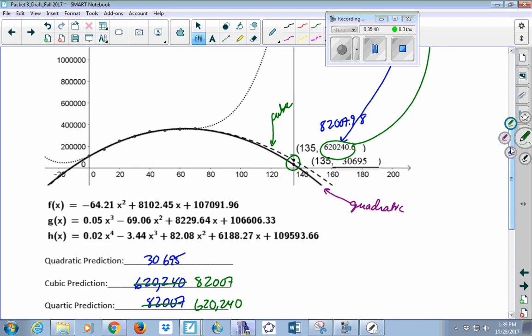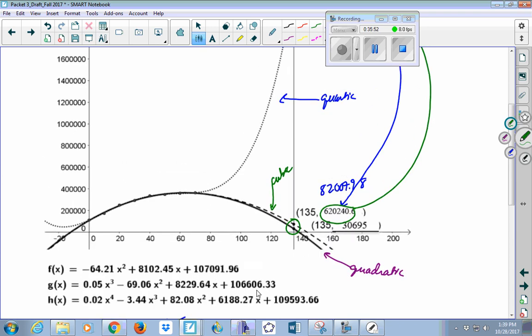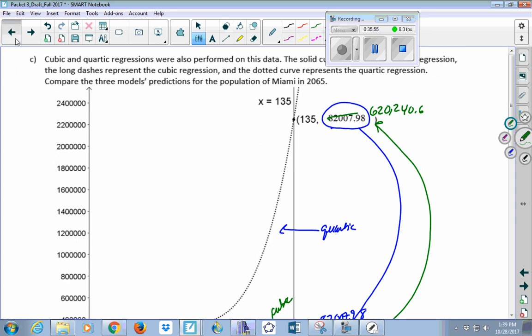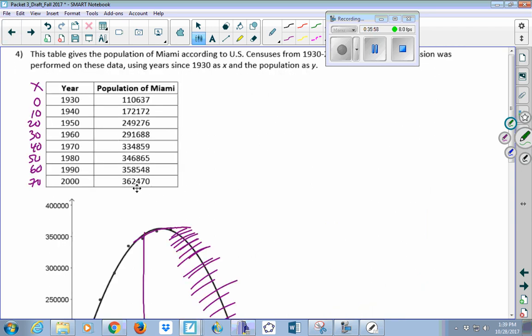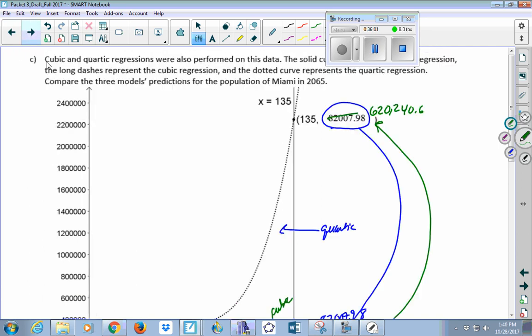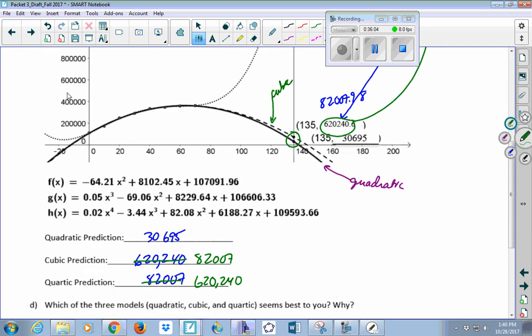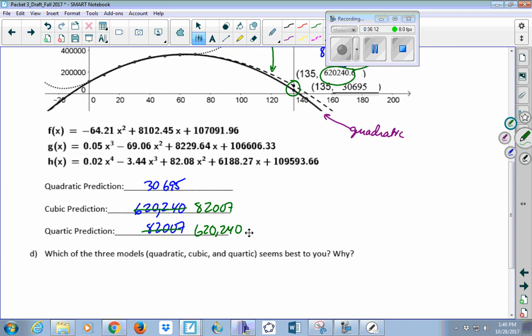Okay. So first of all, in 2065, is the population in Miami going to be down? I don't think so, at least as far as I can tell. The cubic is predicting 82,000. Well, right now, in the year 2000, we're at 362,000 people, so that's not a good model. And the quartic is going to predict that it's almost double what it is in 2000. So none of these models really appear to be very good for predicting the population of Miami, particularly when you look at the end behavior.